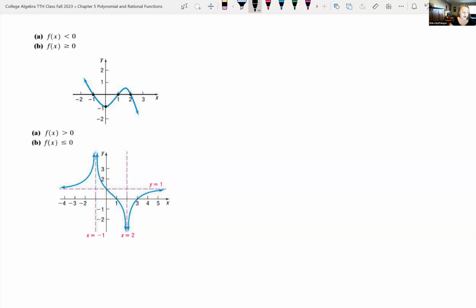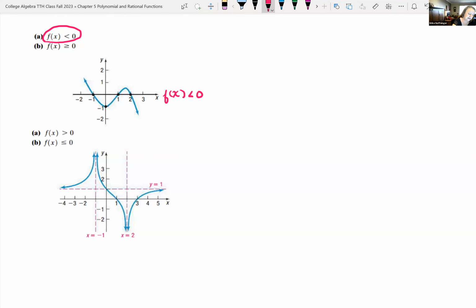So we're given the graph of f of x. If f of x is less than 0, this is telling me that the graph is falling below the x-axis. Those values of x are giving me back a negative value. And so we want to find the pieces of the graph where we're below the x-axis.